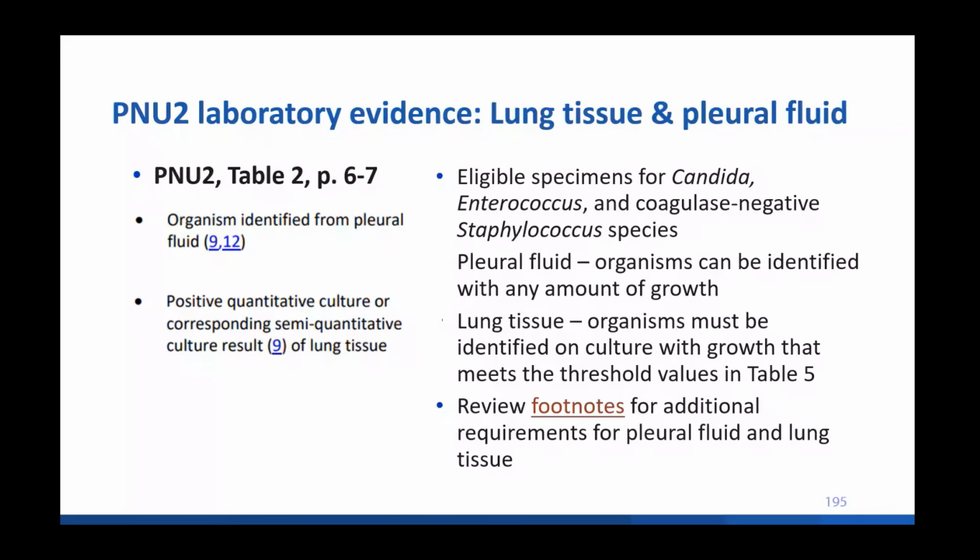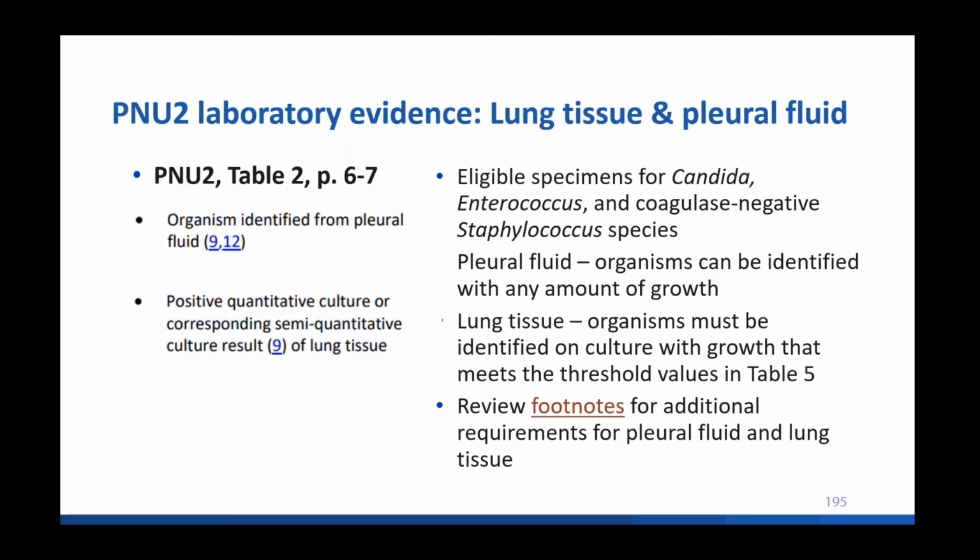Next, we're going to look at organism identified from pleural fluid and positive quantitative culture or corresponding semi-quantitative culture result of lung tissue. Both of these elements refer you to footnote number 9 for the information in the second bullet, which is to remind you that Candida species and yeast not otherwise specified, Enterococcus species, and coagulase negative Staphylococcus species are eligible organisms when identified from these specimens.